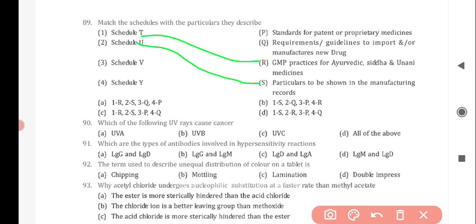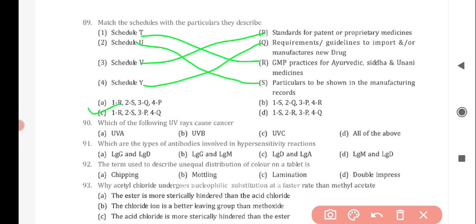For schedule V, it correctly matches with option P, that is standards for patent or proprietary medicines. Next is schedule Y, it correctly matches with option Q, that is requirements and guidelines to import and or manufacture new drugs. So option C is correct for this question.